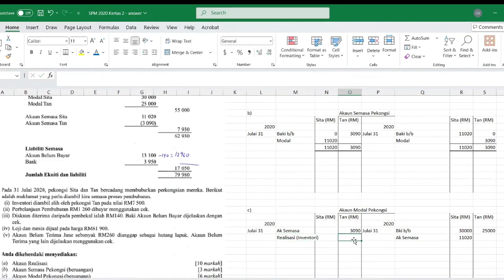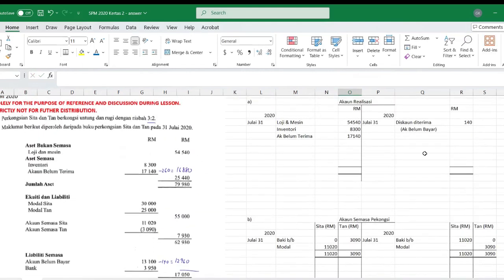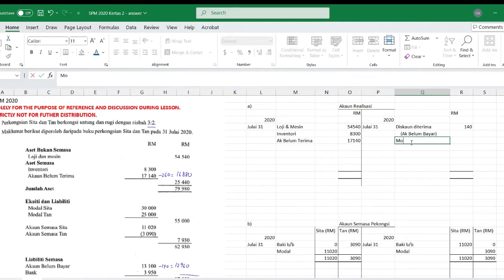And the amount taken by Tan, the inventory value is 7,500. Okay. So in realisasi, there will be a credit, modal Tan. That's for the inventory taken by Tan at 7,500.